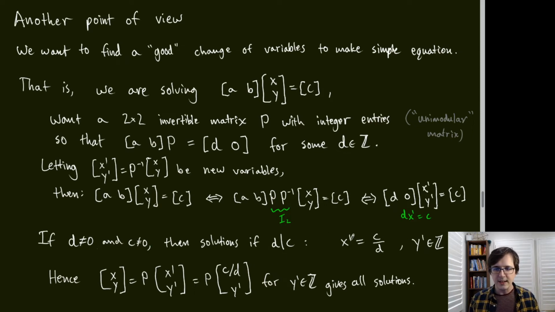So, now that we've solved for x prime and y prime, since it's related to x and y through this P matrix, x and y equals P times the x prime y prime vector, which is P times the vector C over D, y prime. And by varying y prime, we get the complete set of all solutions.